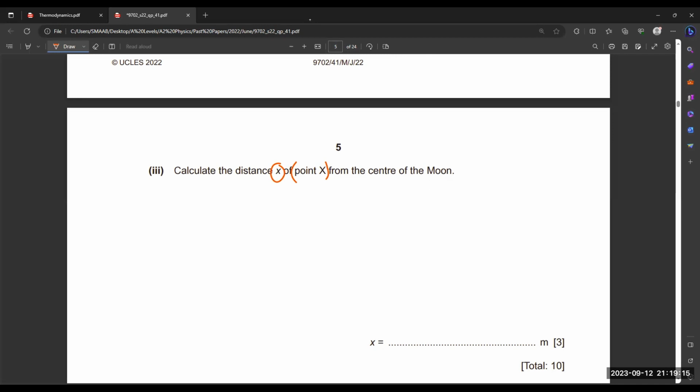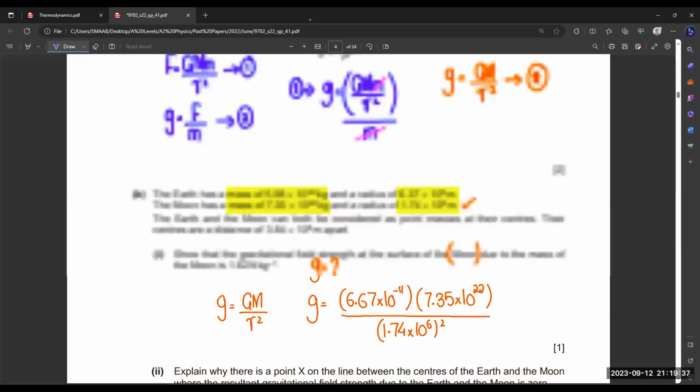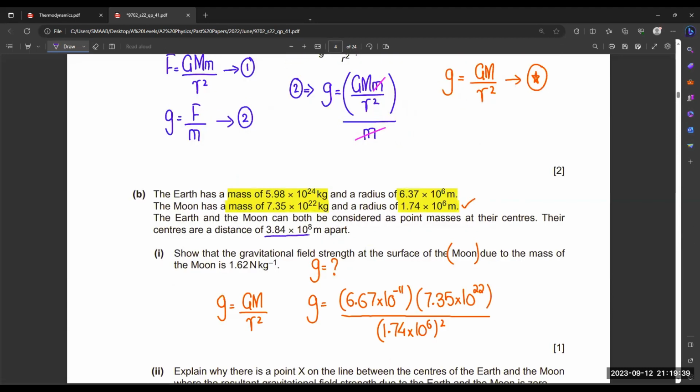So basically what they are asking according to the question, one more thing that is given in your question: if you take the reference from their centers, these are their centers and the distance between their centers is given in the question as 3.84 × 10^8.